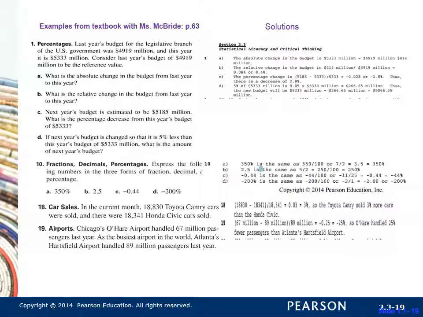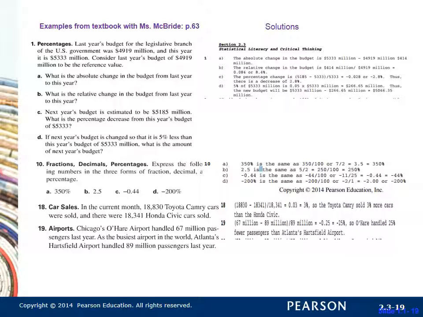Well, that will be my new value, $53.33, minus my reference value, $49.19, for a change of $4.14 million, absolute change. The relative change, therefore, will be that absolute change of 4.14 divided by, remember what I started with, which was 49.19, or 0.084, or 8.4%.